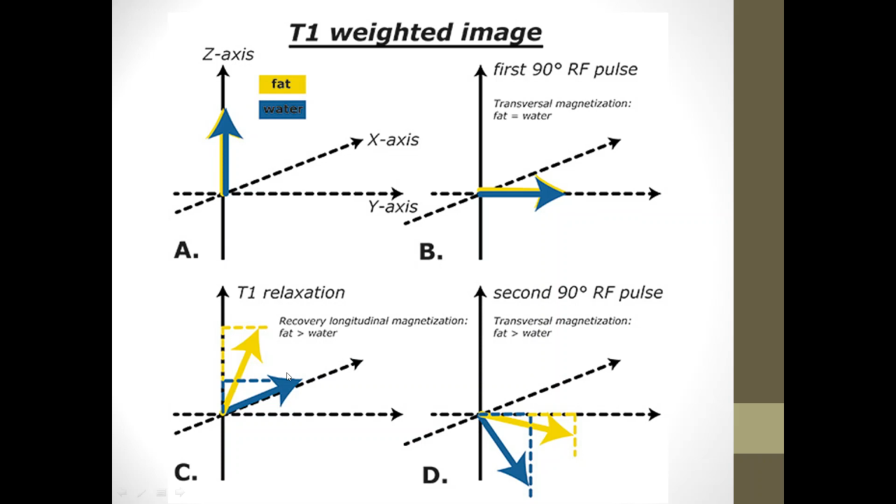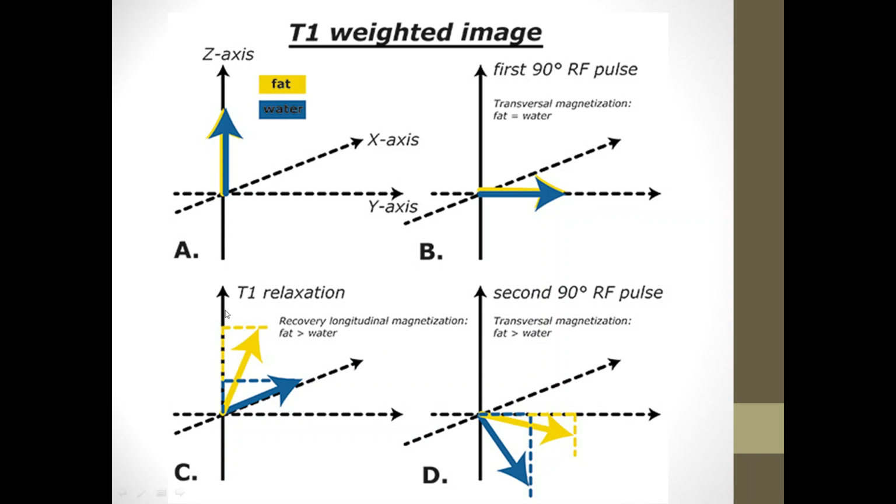So now we wait for a certain time. Why are we waiting? For recovery of the longitudinal magnetization axis for water and fat. Now fat will be higher than water. So if we record the signal at this time, you can differentiate between the signal coming out from fat and water.